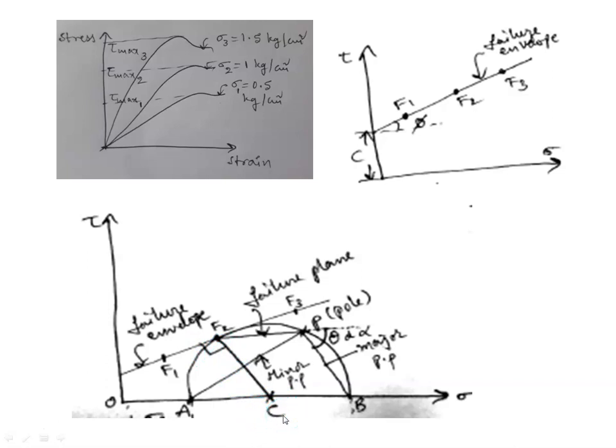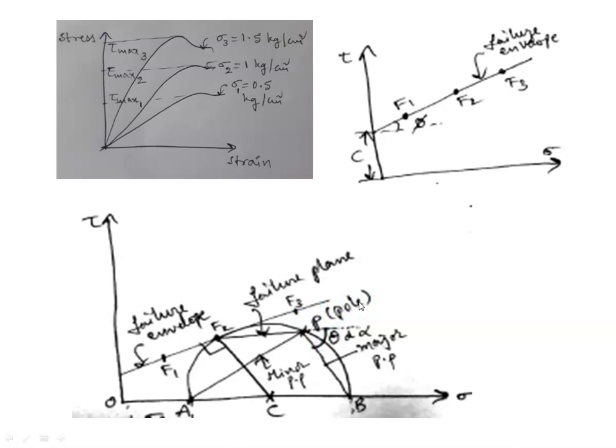Then we can take CF2 as radius and C as center. A circle is drawn which is called Mohr circle. Now from the failure point, draw a horizontal onto the semicircle. It will intersect the semicircle at a particular point, say it is point P. This point P represents the pole of the Mohr circle.